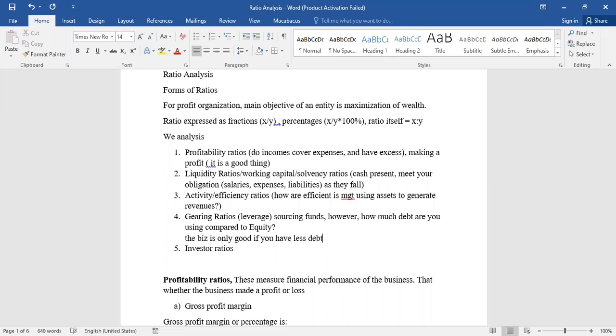This is not necessarily true, because we always have to have debt and equity at an optimum level. Usually the standard is 2 to 1, that is, $2 of debt for every $1 of equity, or even a better ratio, for example 1 to 1, or even 0.1 to 1.